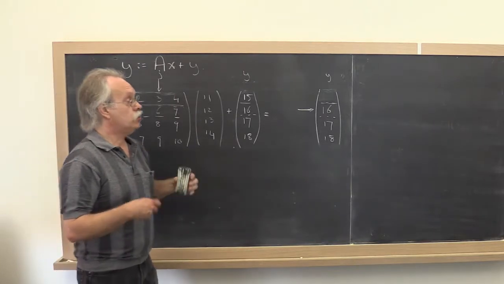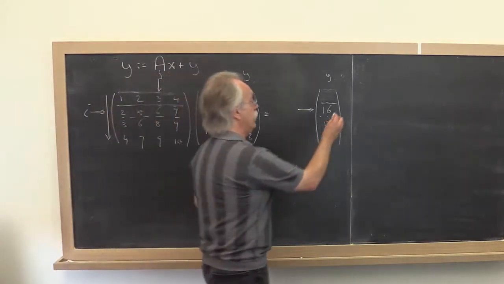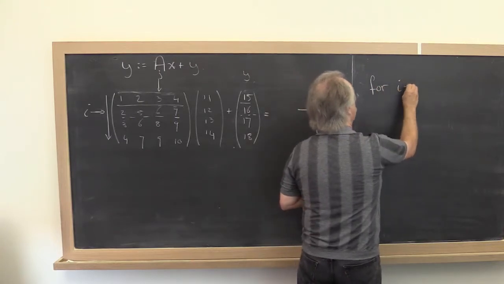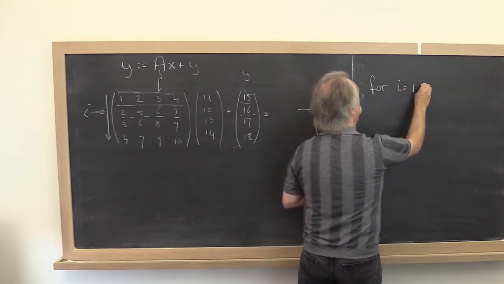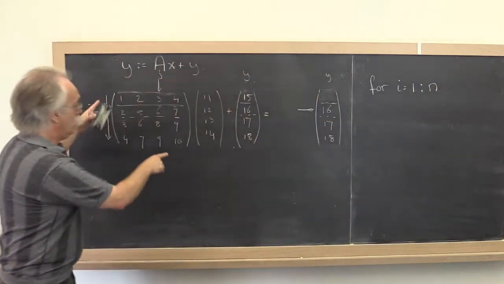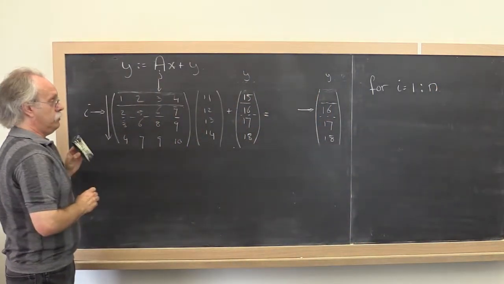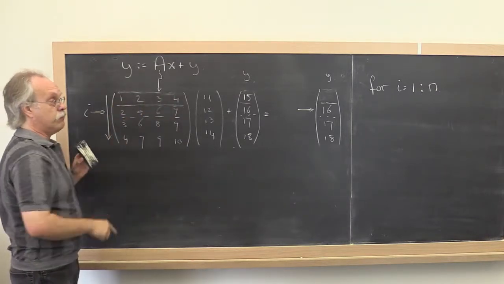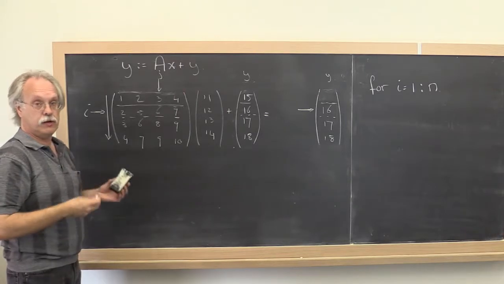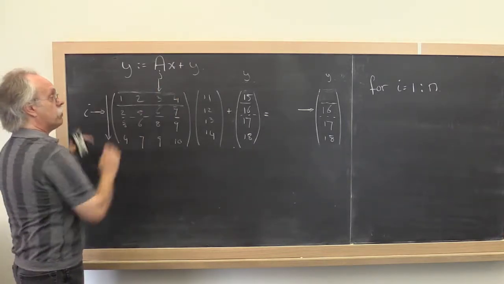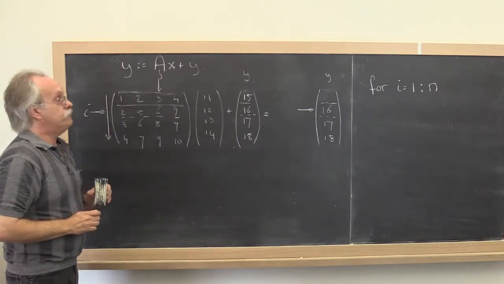So the way we would translate that is to say, okay, for i is equal to 1 through n. And notice that we're going to be dealing with symmetric matrices shortly, and therefore the number of columns is the same as the number of rows, so I don't have to think about m versus n in terms of the row versus column size.